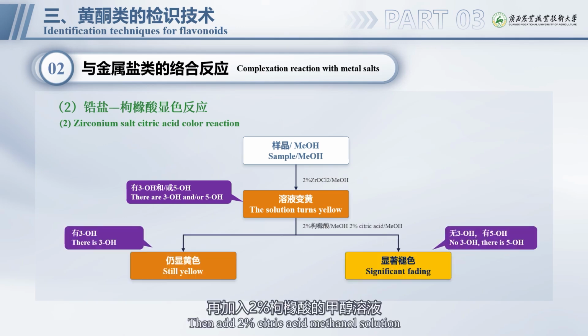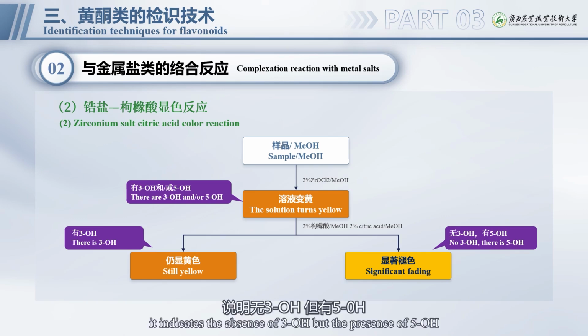Then add 2% citric acid methanol solution. If the yellow color does not fade, it indicates the presence of 3-OH. If the yellow color fades significantly, it indicates the absence of 3-OH but the presence of 5-OH.